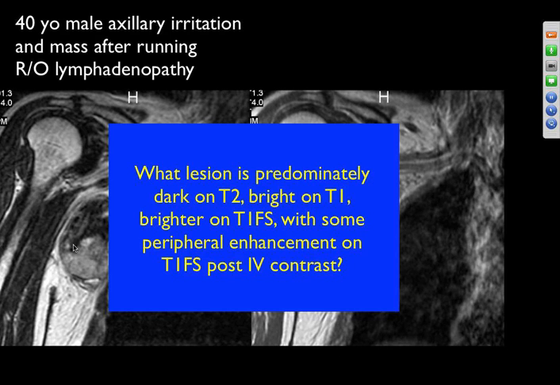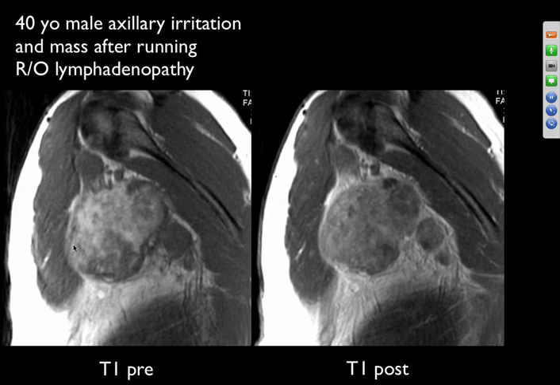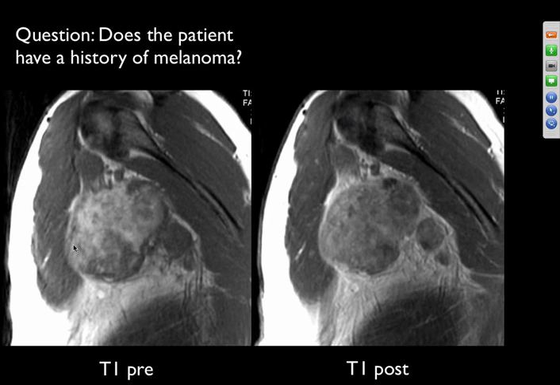So the question then, what might be inside a mass like this that would cause bright signal intensity on the T1, that doesn't really look like hemorrhage, and it's not fat? Melanoma. Okay, there it is.